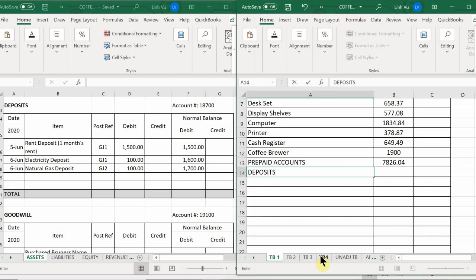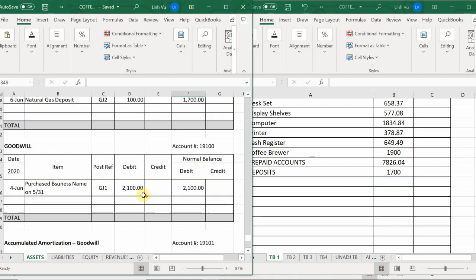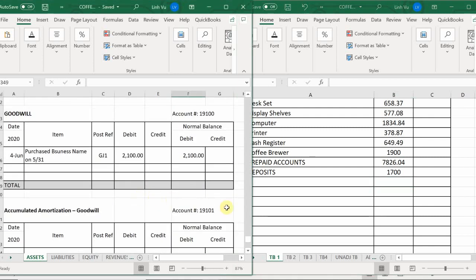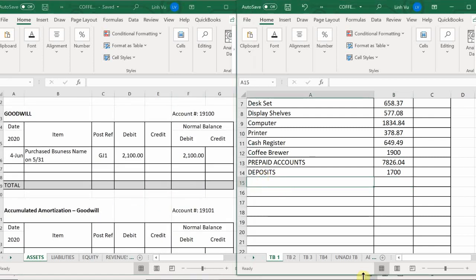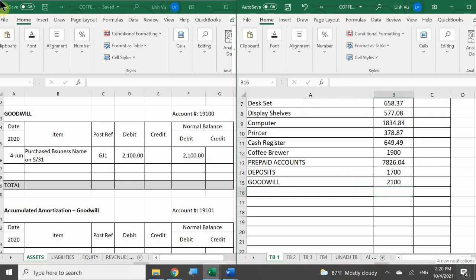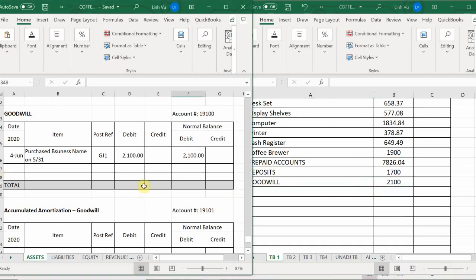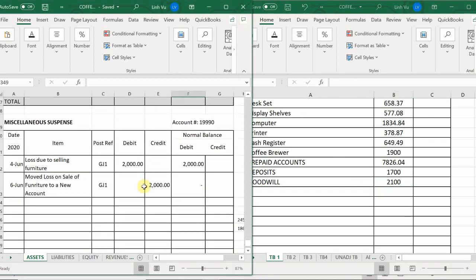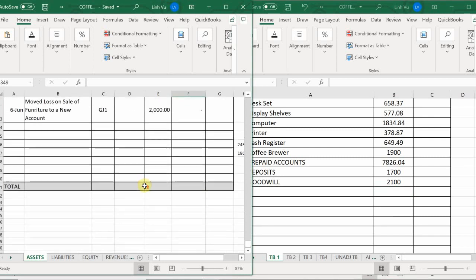How much is my total deposits? 1,700. Okay. My goodwill: 2,100. Okay.